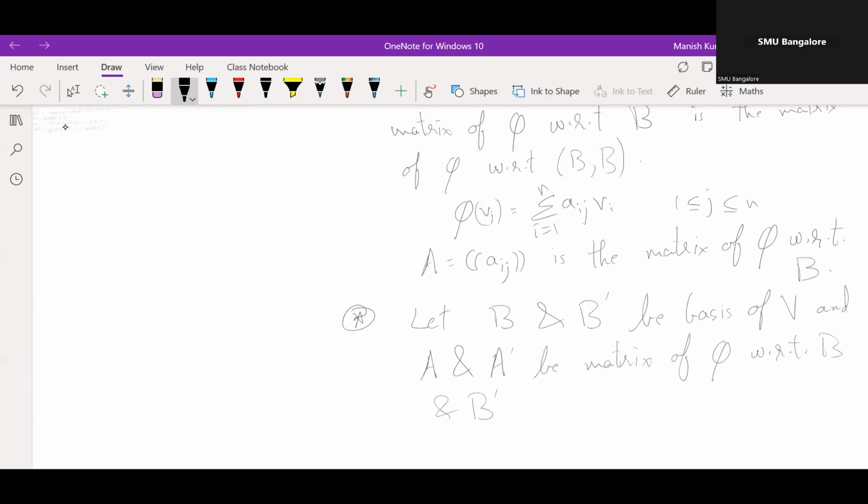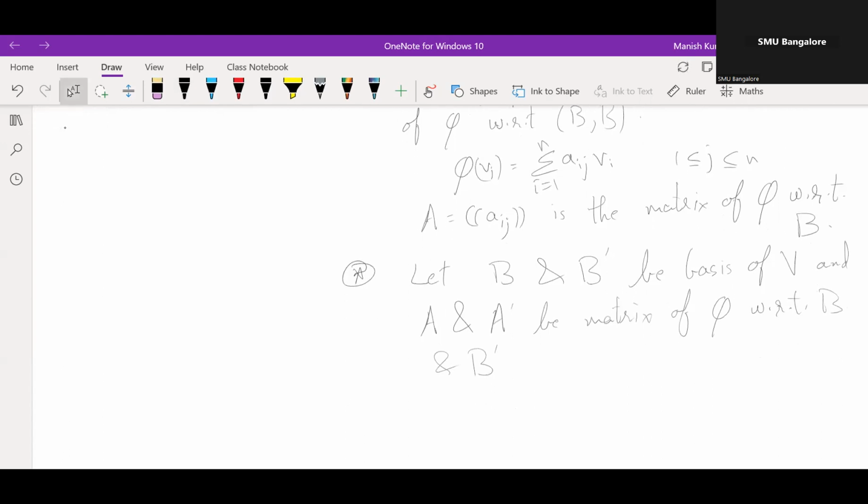Then what is the relation between A and A prime?